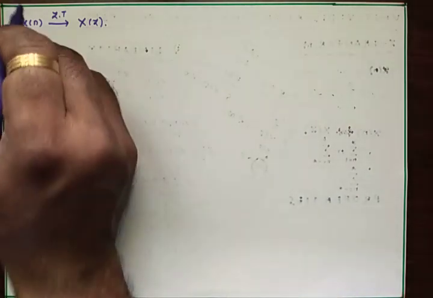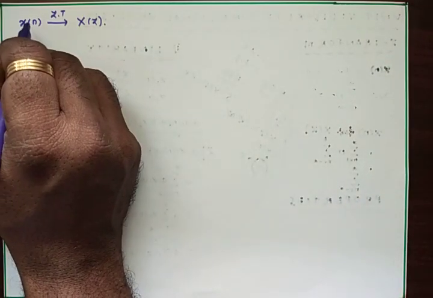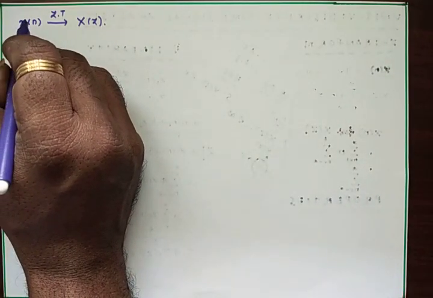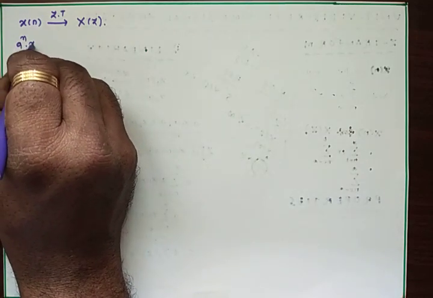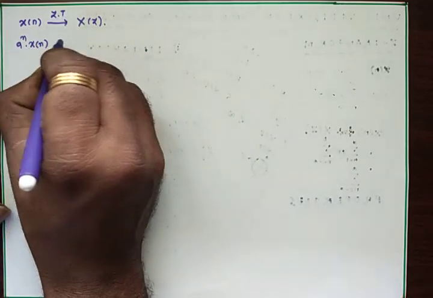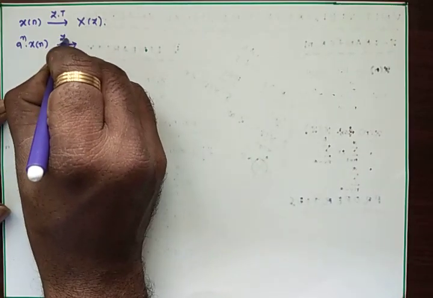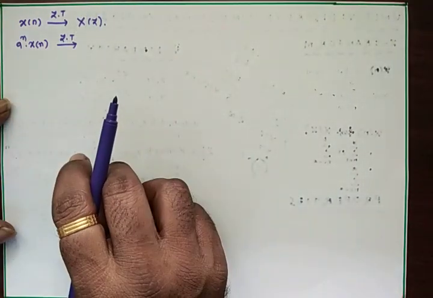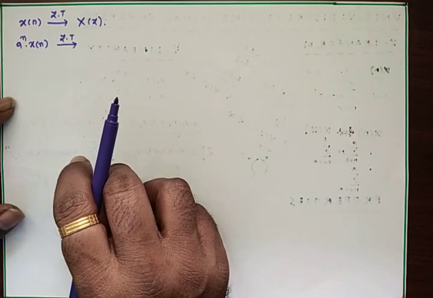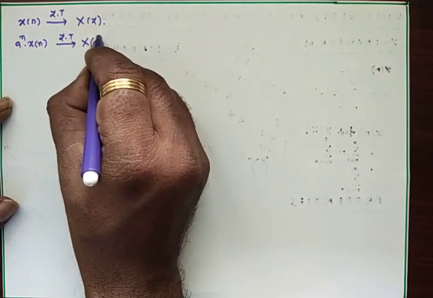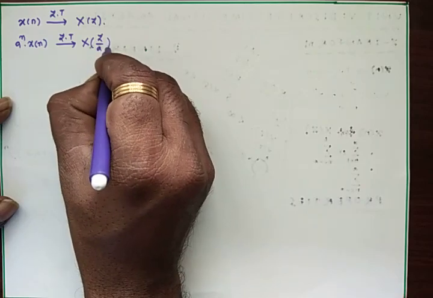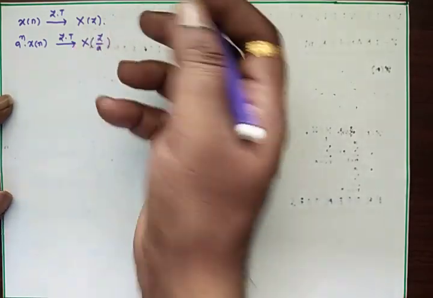But in place of x of n, we have a to the power n into x of n, and on applying the z transform, what can we get? As we just discussed, we get x of z by a. So we will do this.